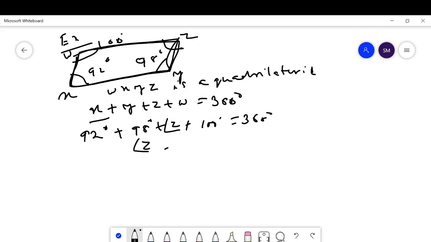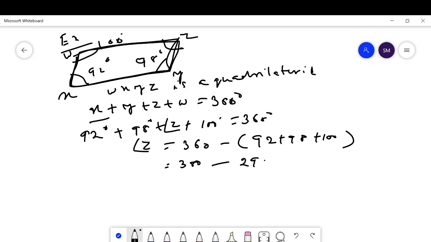Then angle Z is equal to 360 minus (92 plus 98 plus 100). Then this is 360 minus 290, which is equal to 70 degrees. Then the fourth angle Z is equal to 70 degrees.